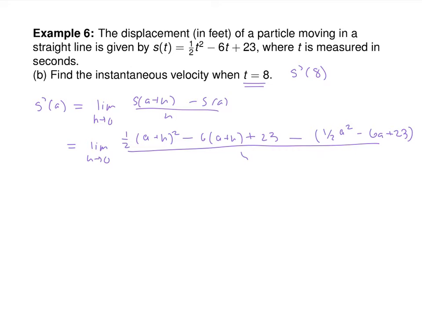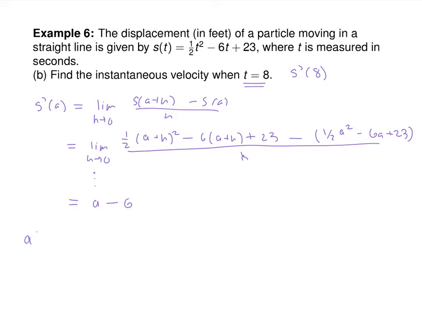And this is just tedious now. You could work that out, but you get the idea. It's blah, blah, blah, step, step, step. You end up with a minus 6. If you want to test yourself, do all the algebra, work it out, you should get a minus 6 in the end.